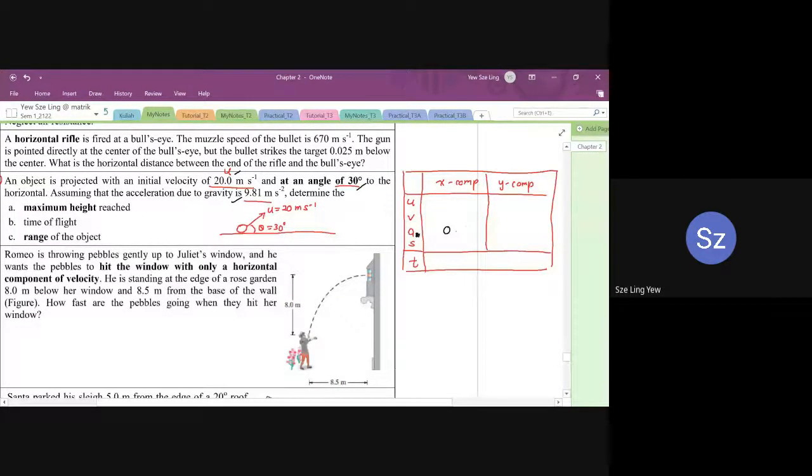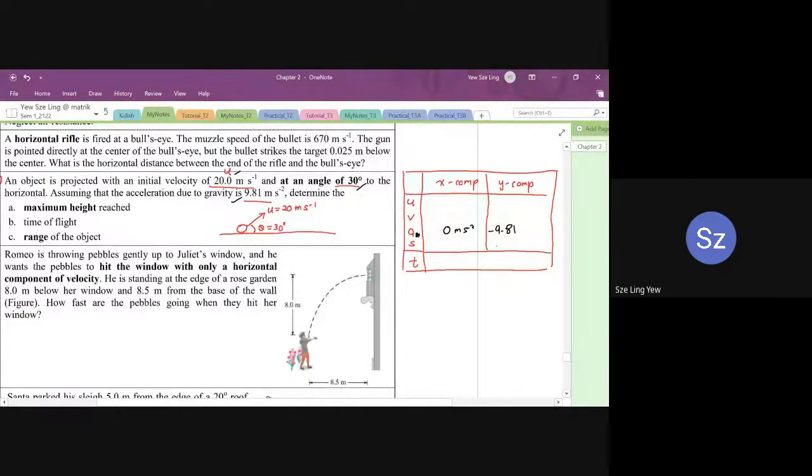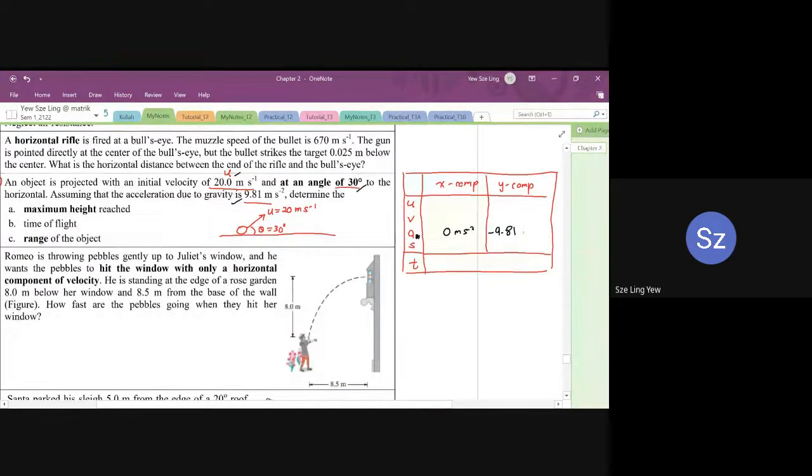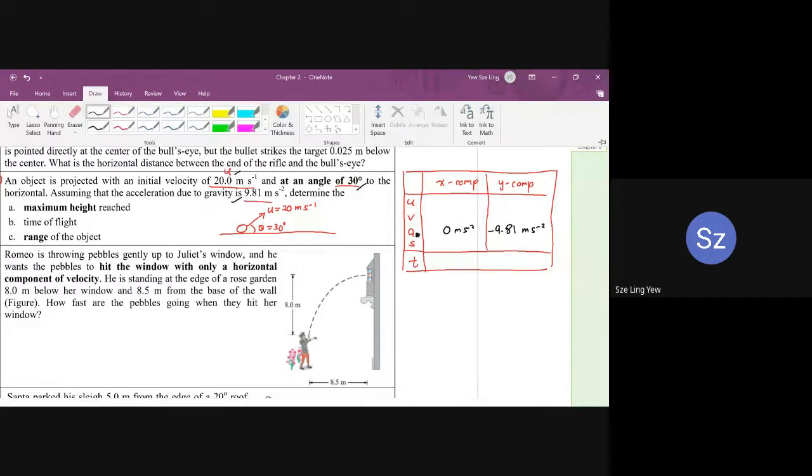And then for the y component, it is negative 9.81. With or without unit is fine in the table, it's up to you. So a is 0 and negative 9.81. You don't even have to look at the question. Straight away, you know the information already.